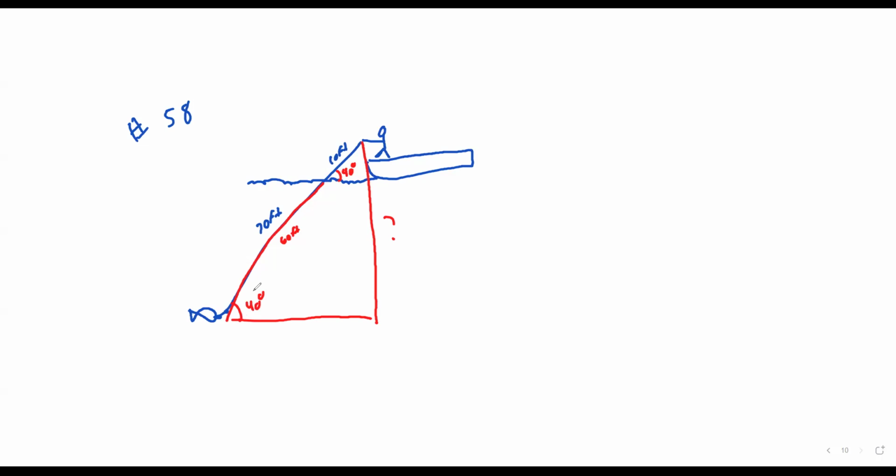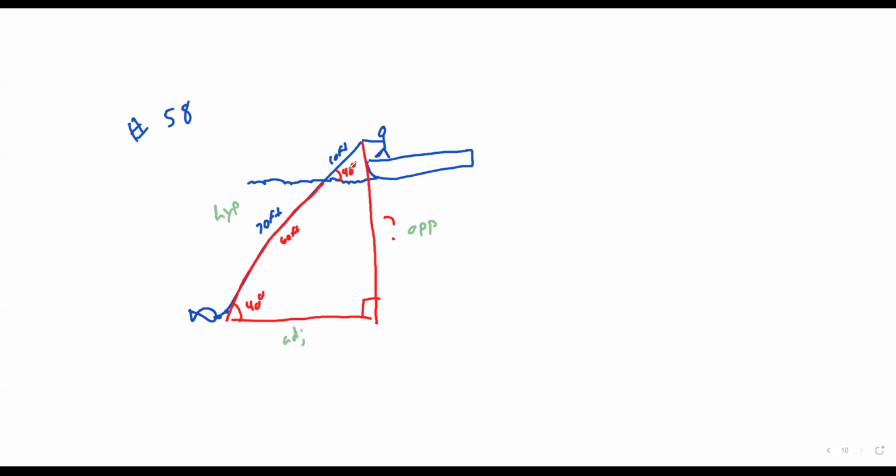let's see if I have enough information here. Because technically what we're looking at is a triangle, because this would be a right triangle right here. This would be the opposite side that I'm looking for. This would then be the hypotenuse, leaving this with the adjacent.